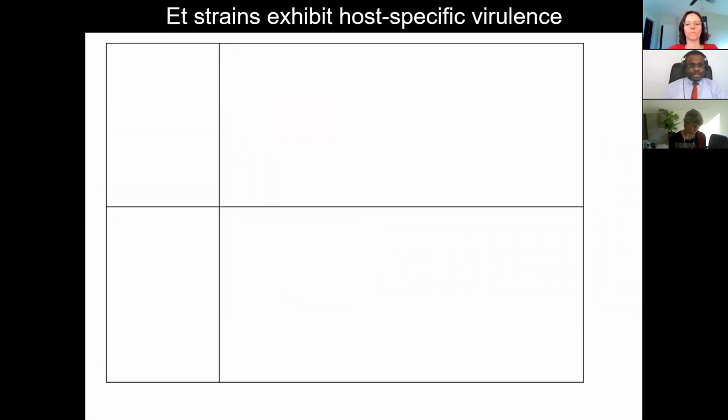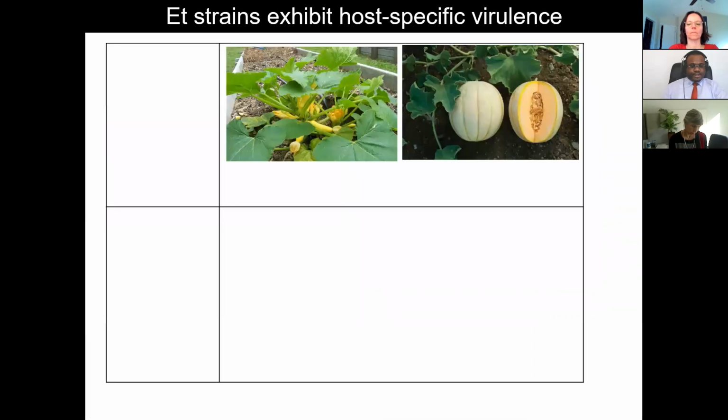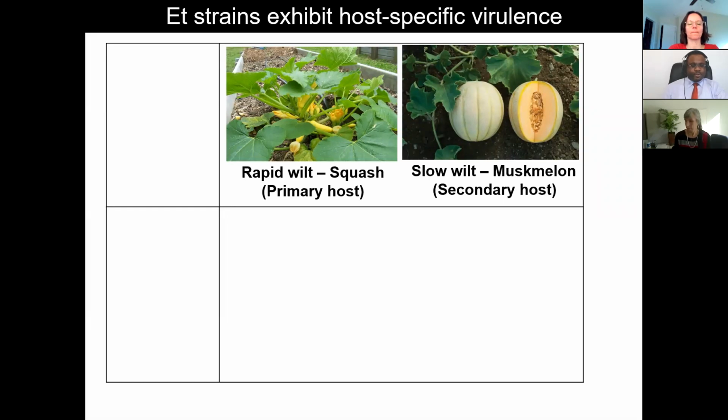Strains of Erwinia tracheiphila exhibit differences in host-specific virulence. Here, we are looking at two different hosts, squash and muskmelon. What we have seen so far is that some strains rapidly wilt squash and cause slow wilt on muskmelon, in which case squash is a primary host and muskmelon is a secondary host.